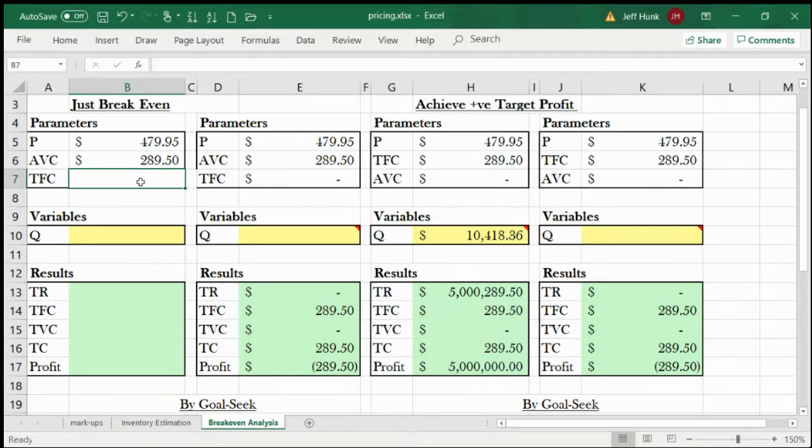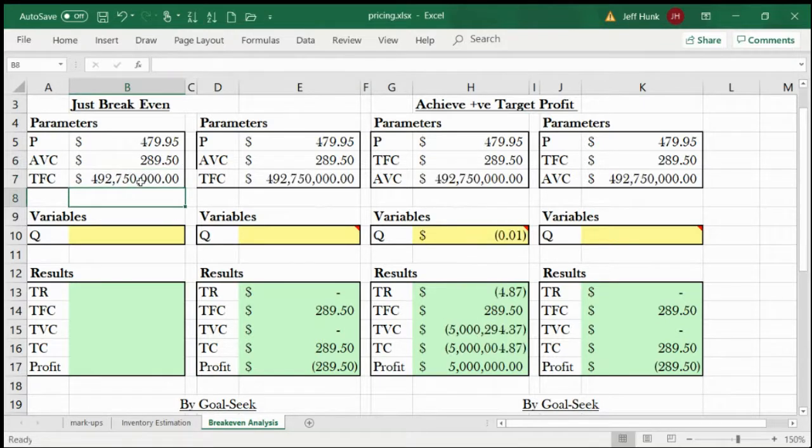Let's assume it's something like $492 million, 750,000. That sounds reasonable. So this is our unknown, isn't it?